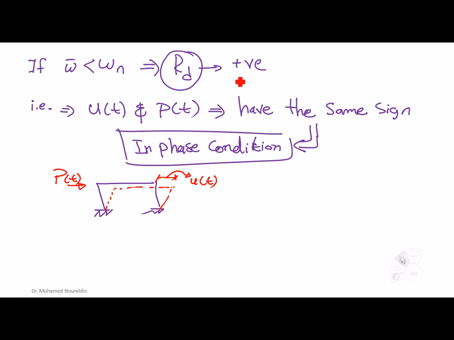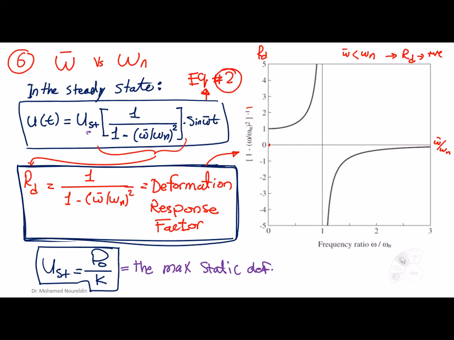And the important thing is that our RD is positive. Positive means, go back again here, if omega bar is less than omega n, this is omega bar over omega n, and here we have 1. So if it's less, this means that we are in this quarter. This means that RD is going to be positive, as you can see on the vertical axis.